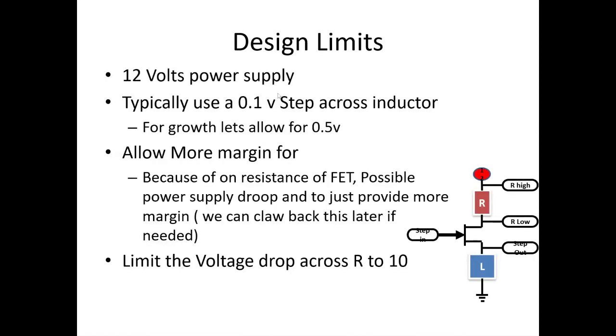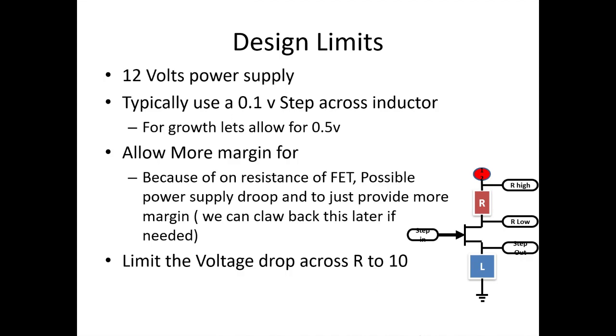Now that we have an expression for the voltage ramp that we're going to have across this resistor, what we want to figure out is some of the design parameters or design limits. So one thing we're going to put in is a 12 volt power supply limit. 12 volts is a pretty regular, normal power supply range.